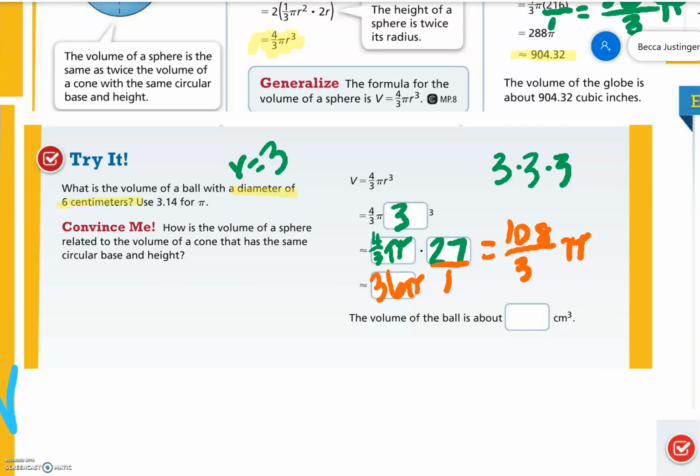Then using 3.14 for pi, we get 113.04 centimeters cubed. How is the volume of a sphere related to the volume of the cone that has the same circular base and height? The sphere is 2 times the cone.